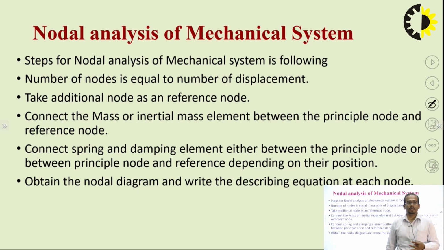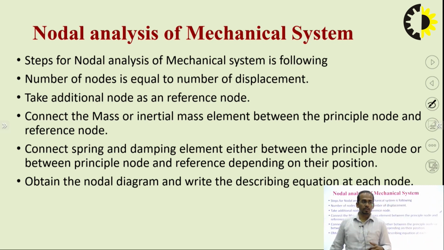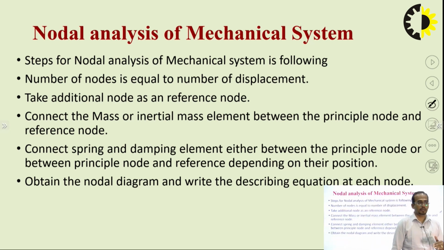The number of displacements will be equal to the number of nodes. Second step is that we take the additional node as a reference node, and we connect the mass or inertial element between the principal node and the reference node.